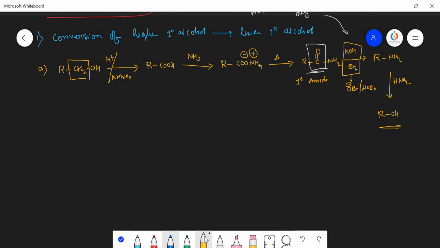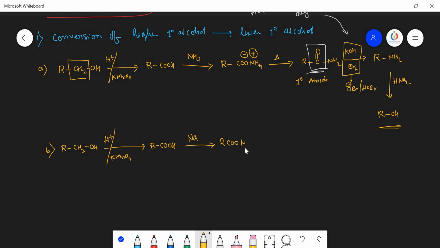This is one procedure. The other procedure is you just take the same alcohol RCH2OH and oxidize with H plus KMnO4, so that you shall get the carboxylic acid. Okay, so this carboxylic acid, instead of the ammonia, subject with the sodium.